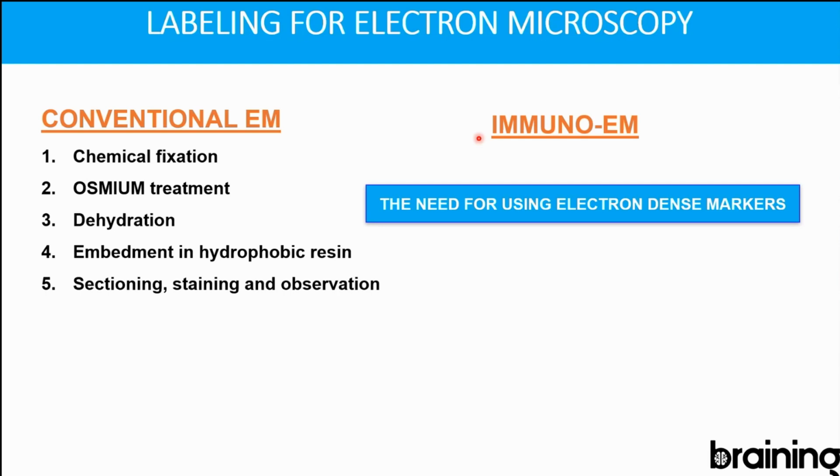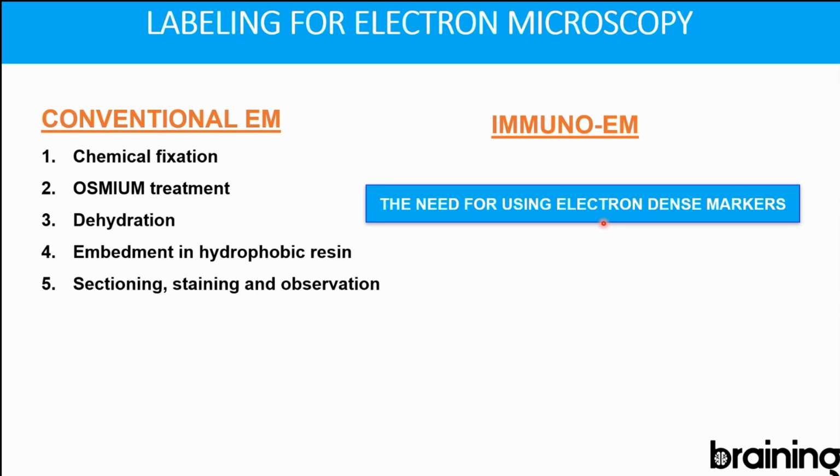But then you have to use markers which need to be electron dense. For light microscopy, you are using molecules with fluorescence, because you're using light. But in this case, you have to use a marker that is electron dense, so you can actually identify that marker in your organelle or in your cell.